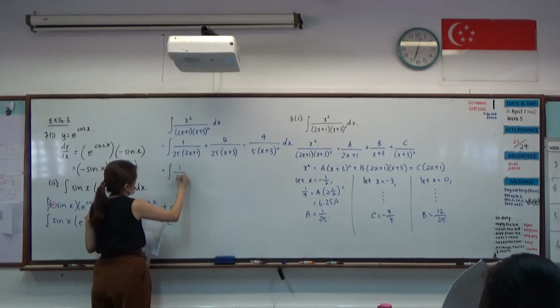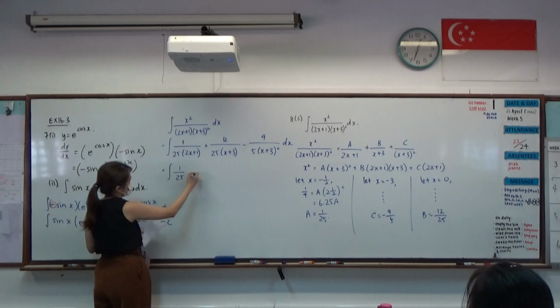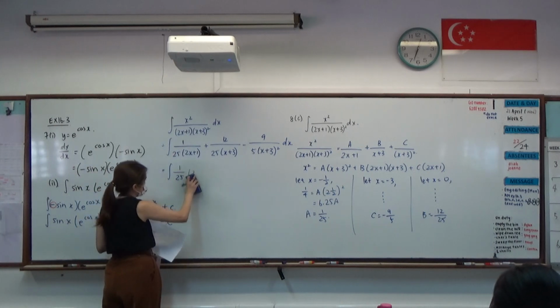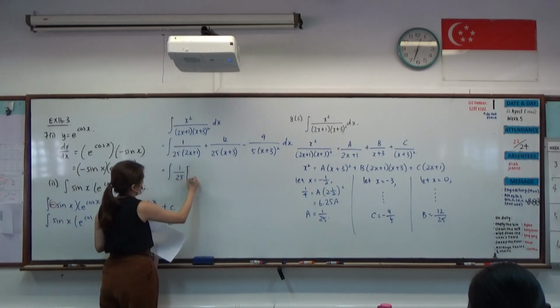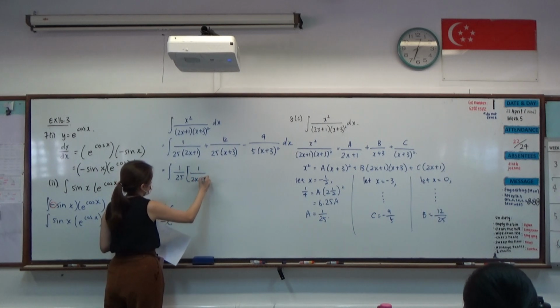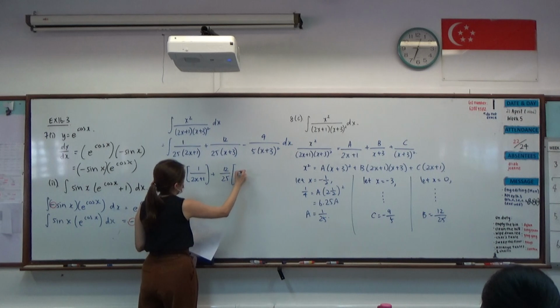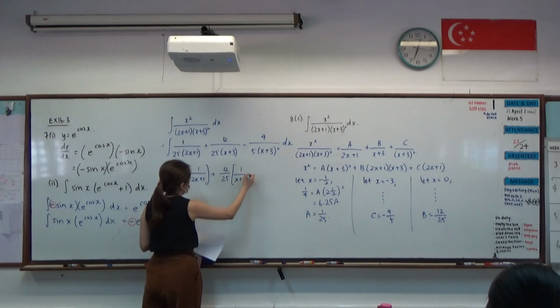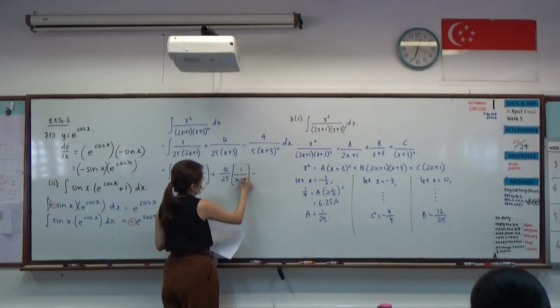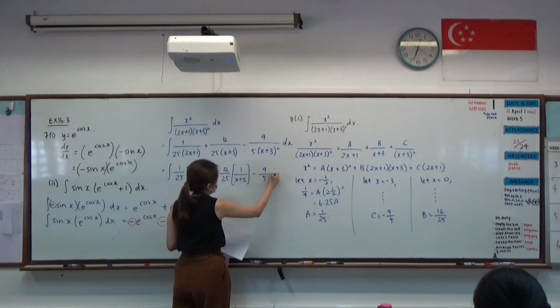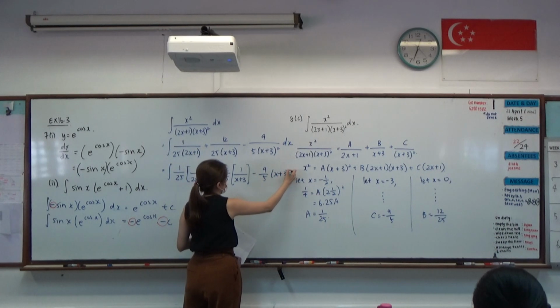If you're unable to see it, this is 1 over 25 with your 1 over 2x plus 1, plus 12 over 25, 1 over x plus 3, minus 9 over 5. This is x plus 3 to the power negative 2.